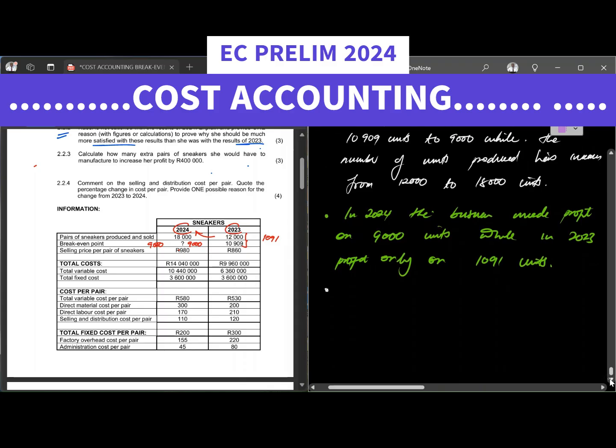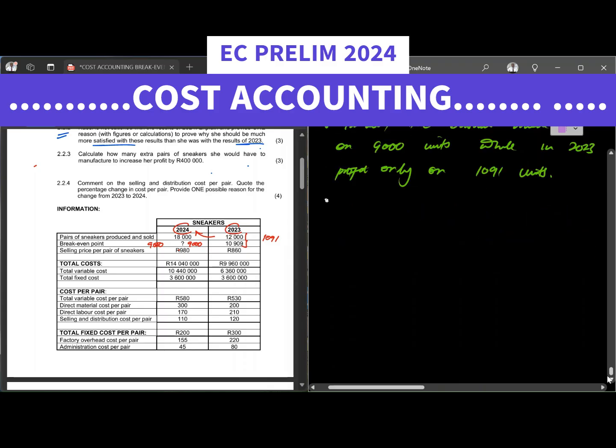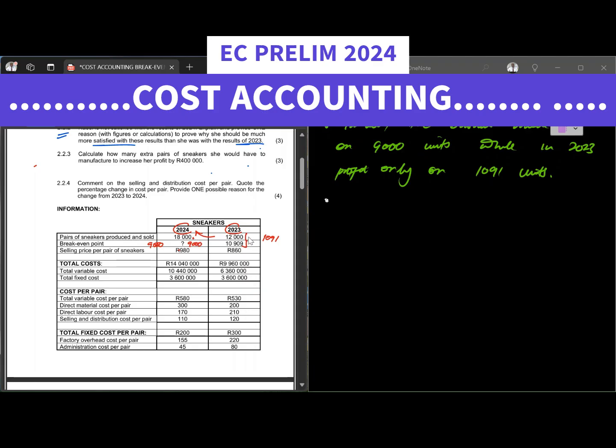And the third and last point has to do with the units that have been sold. Okay, so you can see that in 2024, you've sold 18,000 units, which is about 6,000 more units than in 2023.